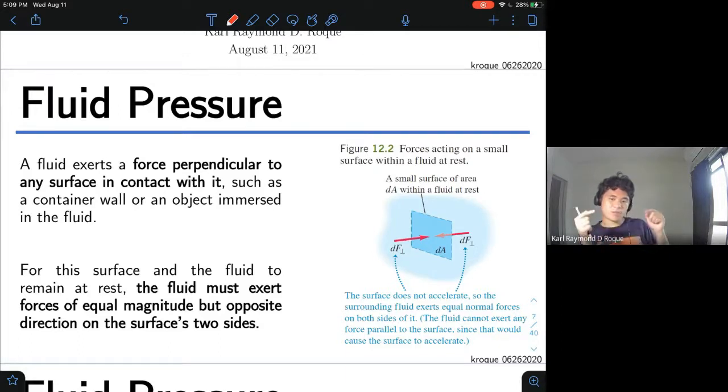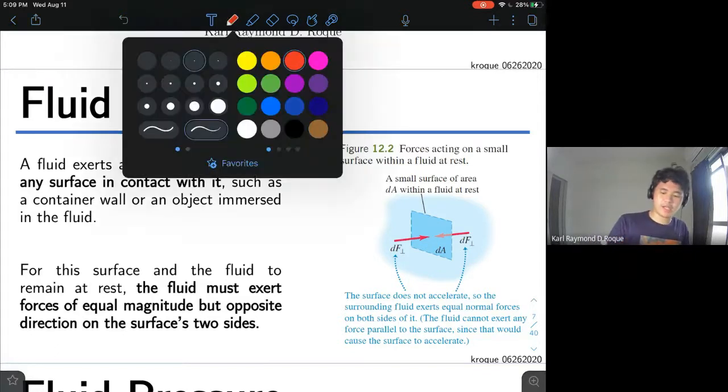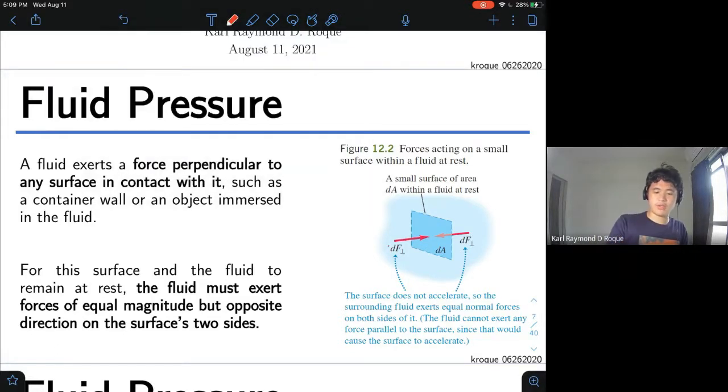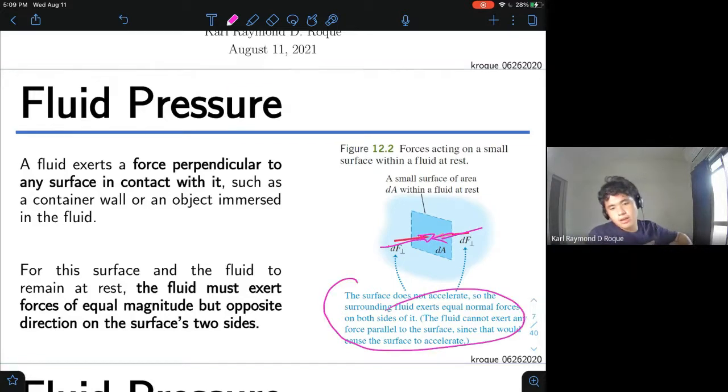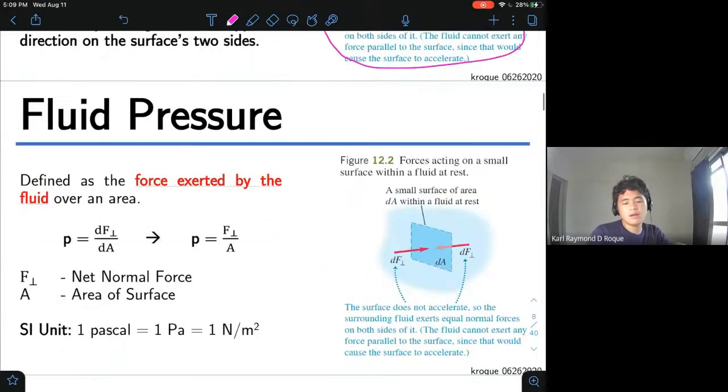So dapat kung ano man lahat ng forces nag-interact sa fluid ay sa surface na yon, equal sila, equal in magnitude. Yan, that's the definition of pressure actually. This is a good illustration. So, simply, fluid pressure is defined as the force exerted by the fluid over an area.